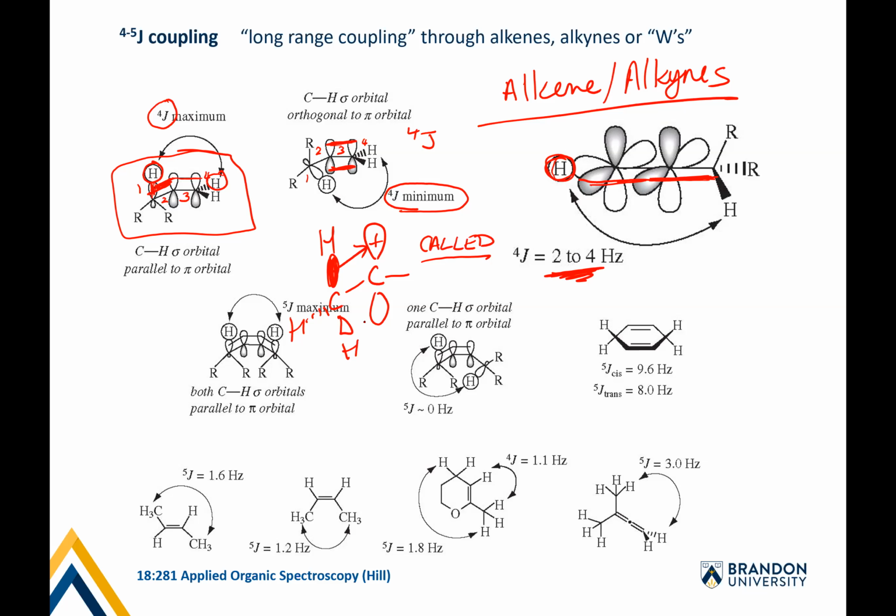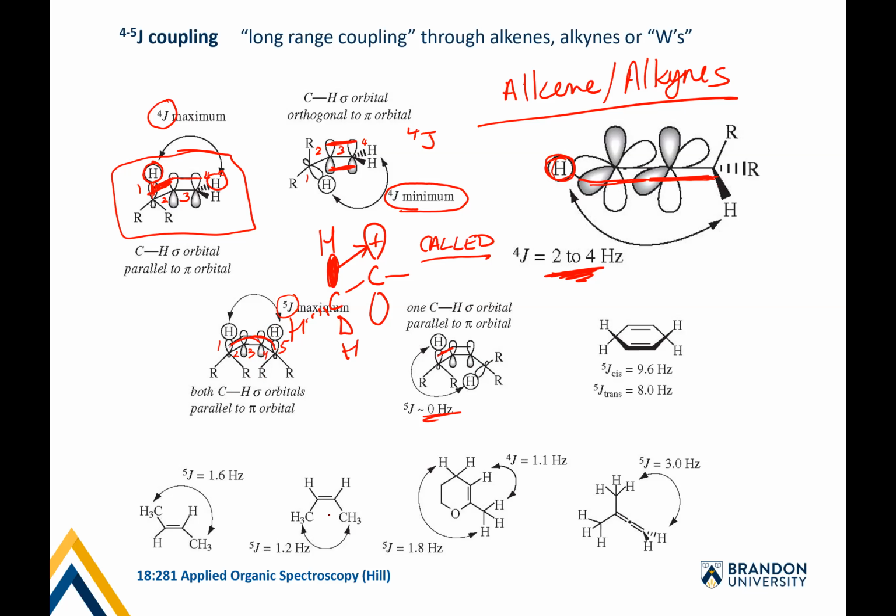And then there's just a whole bunch of other examples where this is via J5. Again, it's 1, 2, 3, 4, and then this bond here, 5. So hyperconjugating to and coupling with another proton, which could be involved in hyperconjugation. Minimum, where this is not in the plane.